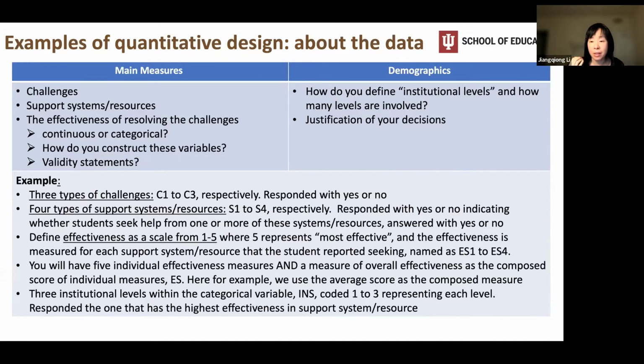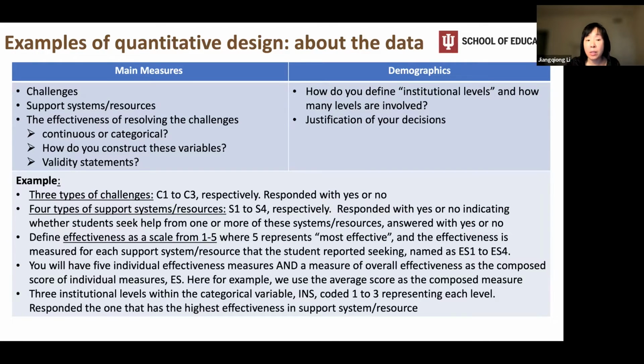The difference is when you have a list for them to select, you control the pool of your answers. The other way, you will collect a ton of answers, but you have to code those answers yourself, because some of the challenges may be exactly the same but expressed in different ways. You have to identify those common responses.